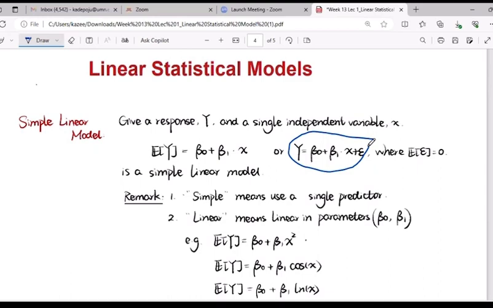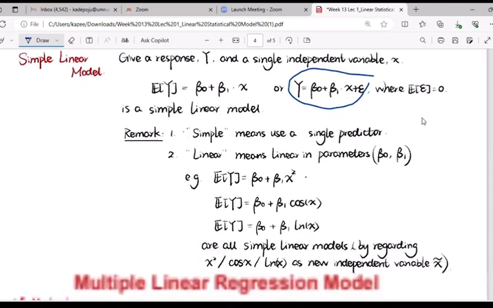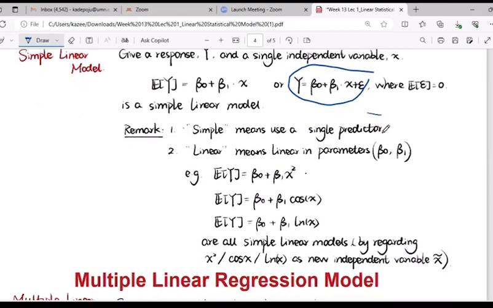Believing that, when I take the expectation of both sides and we assume that the expected value of error equals 0, then we have a way to estimate our parameters, which is what I'm going to show you in the next lecture. I'm going to walk you through the method of least squares, how we derive the estimates of beta naught and beta 1.